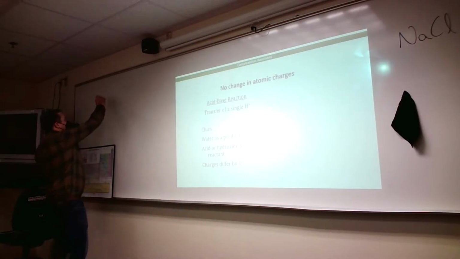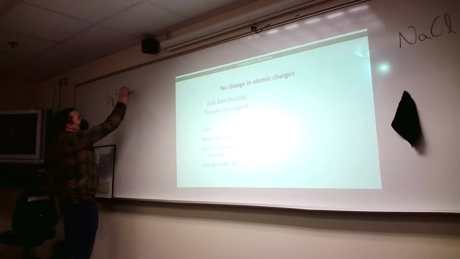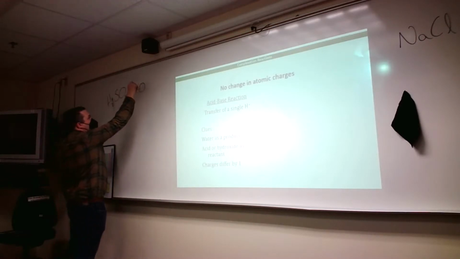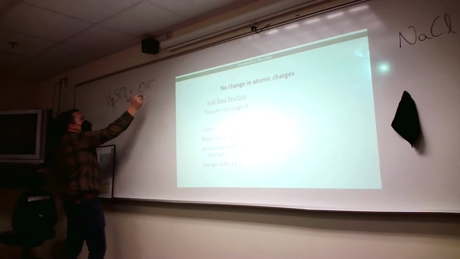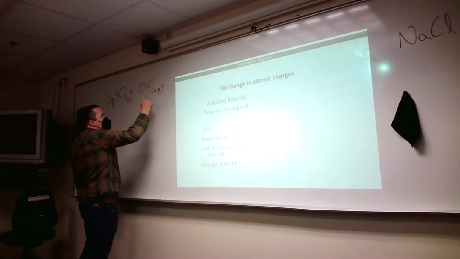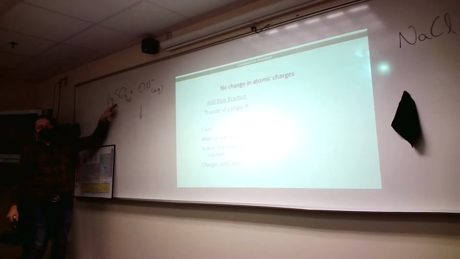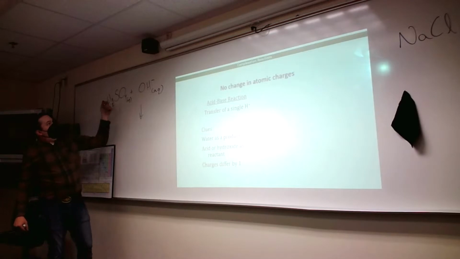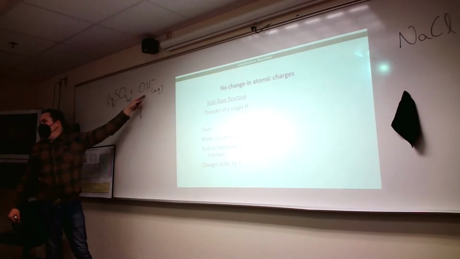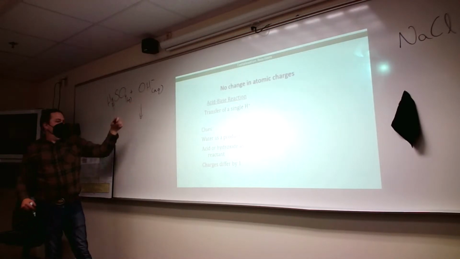Right, so for example, if we had sulfuric acid and say a hydroxide, might as well practice our polyatomic ions while we're working on this. If the sulfuric acid gives away an H plus to the hydroxide, what are we going to make? H2O. Right, we took an H plus and we stuck it on hydroxide. That makes the charges balance out, right?